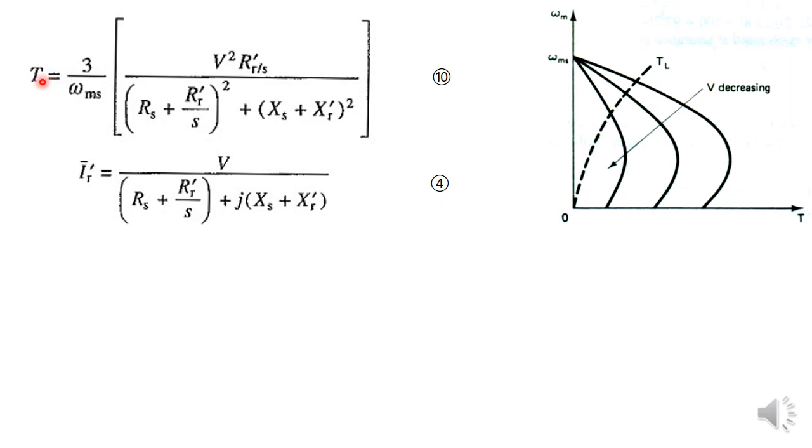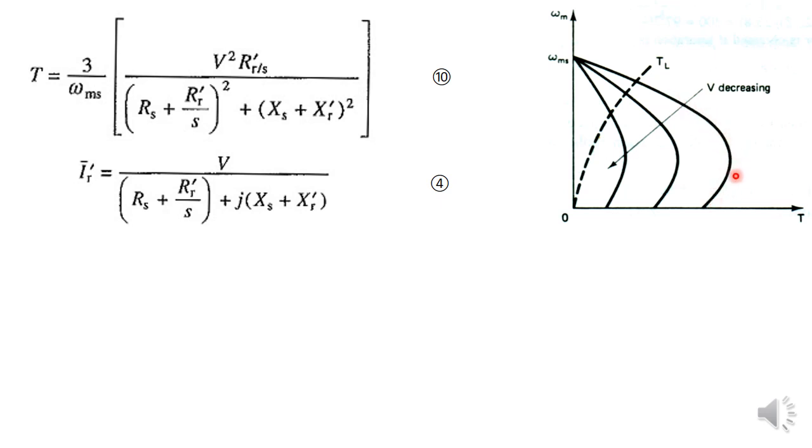That means if you are reducing a small amount of voltage in order to reduce the speed of the machine, there will be a large amount of reduction in torque. That means the maximum torque capability is reduced. You can see in the curve, for the first curve, rated voltage is applied.